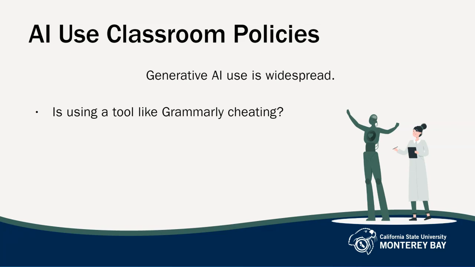But if the intent of the assignment is for students to practice syntactical rules like sentence structure or subject-verb agreement, then using a tool that automatically fixes these errors might indeed be considered cheating. This is just one small example of why classroom policies around AI are important.